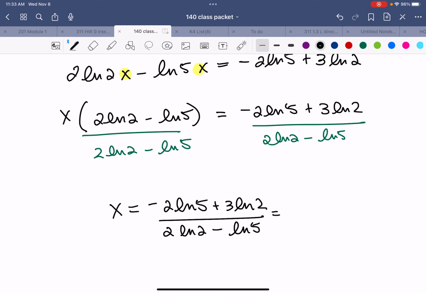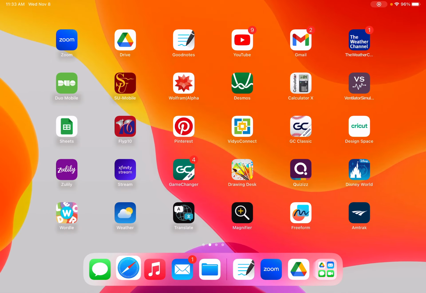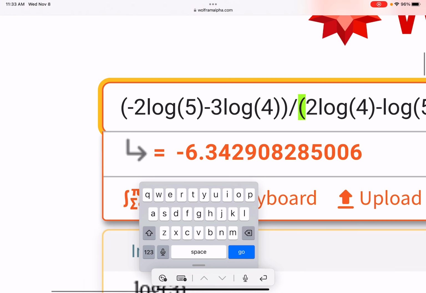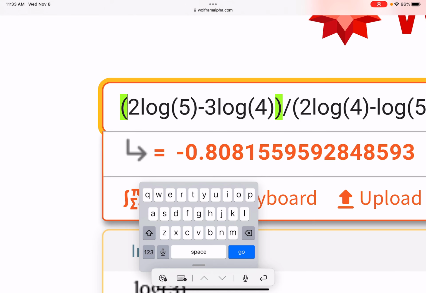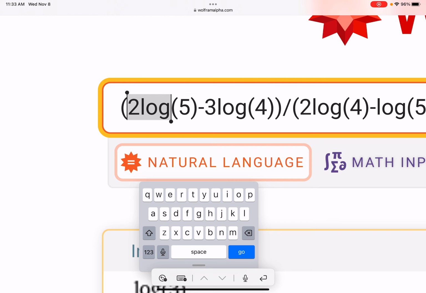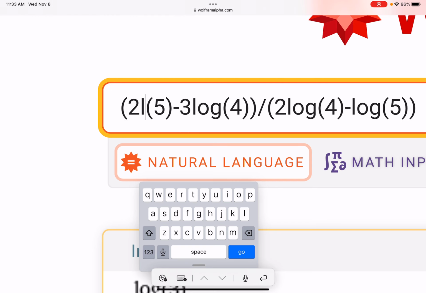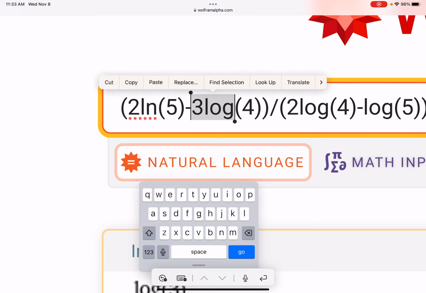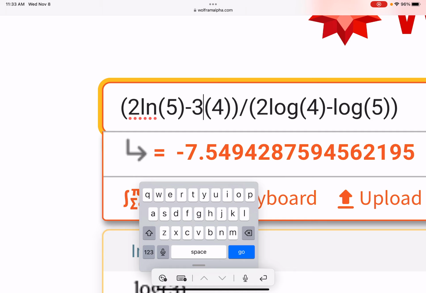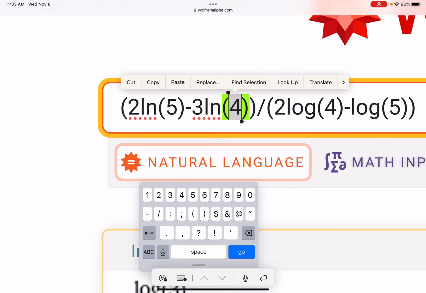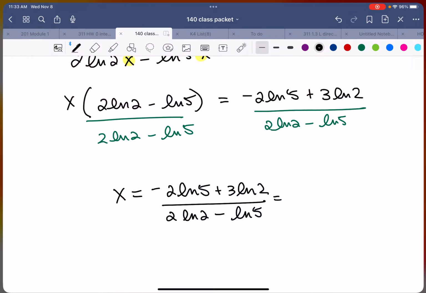And we want to get a decimal value for this, so let's go ahead and plug it in. So negative 2 ln 5 plus 3 ln 2. It's close. It's very similar. Oh, it's plus 3.